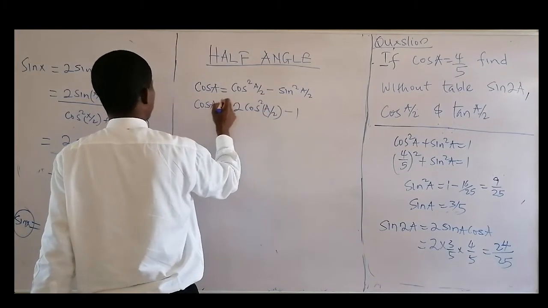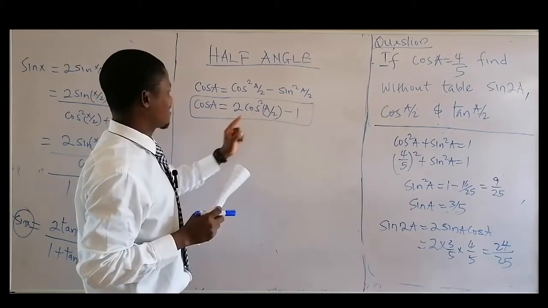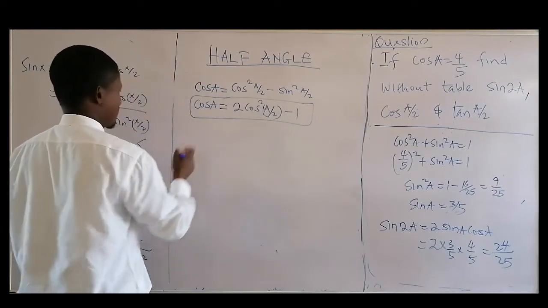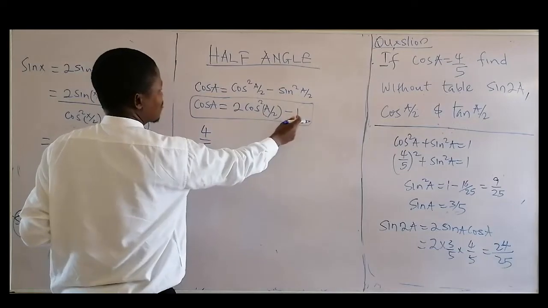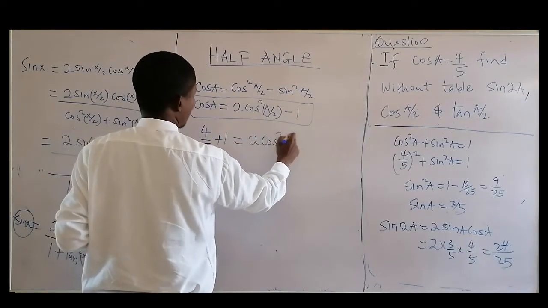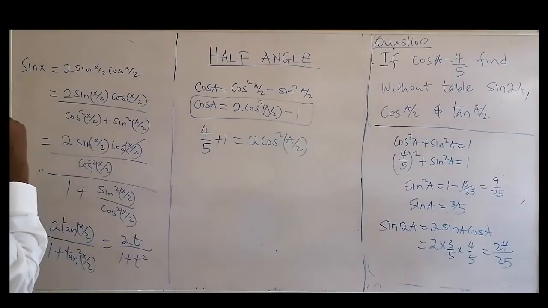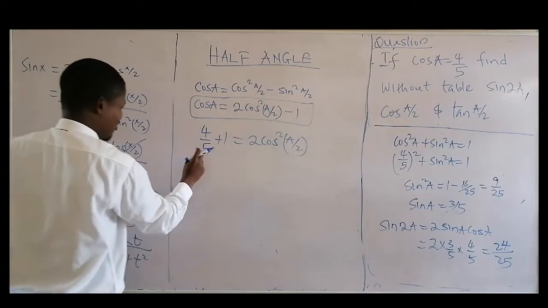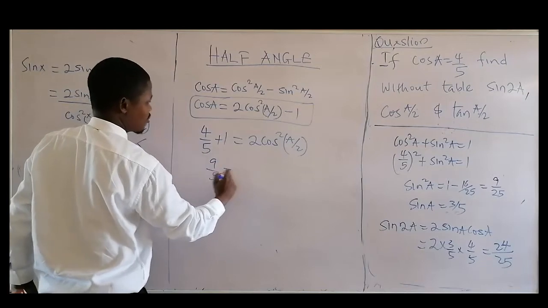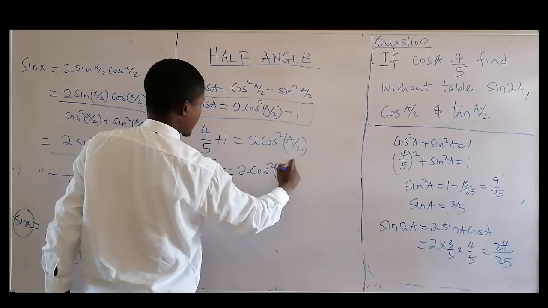So that's what I'm going to use in this place to get cos A over 2. I know my cos A is 4 over 5. Can I move this one to the other side? That's plus 1 equal to 2 cos square A over 2. So this will be times 5, 5 times 1 is 5, that's 9 over 5 equal to 2 cos square A over 2.